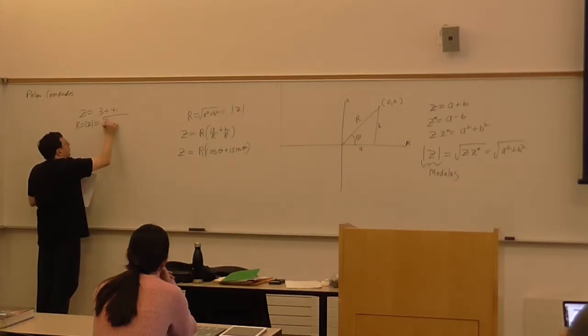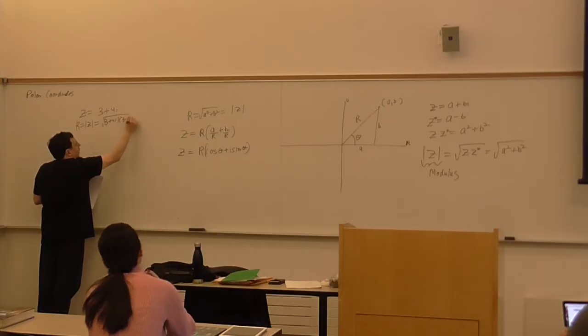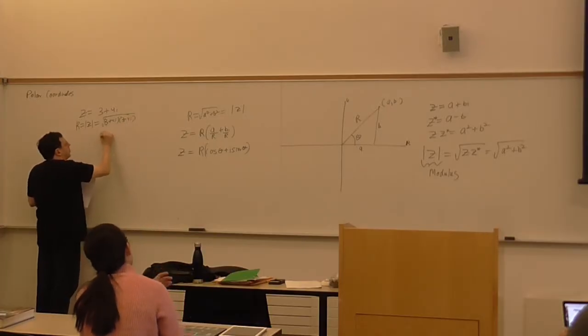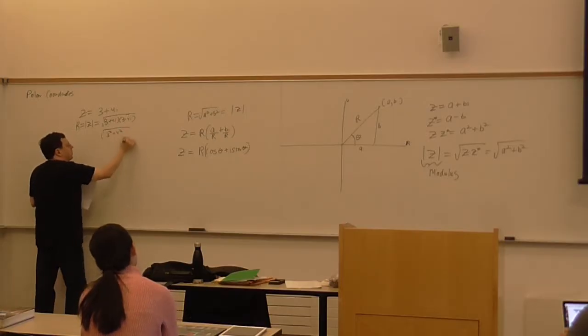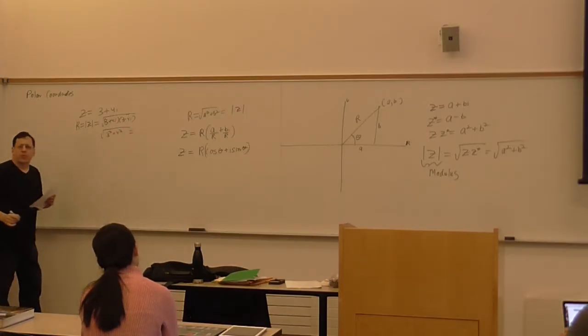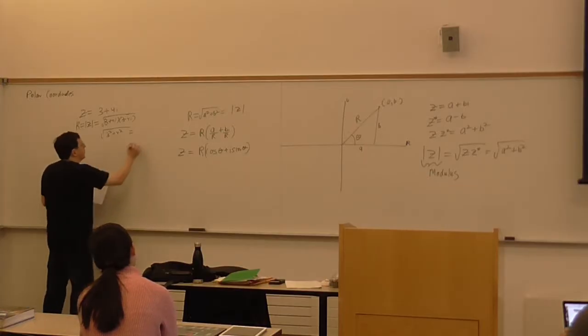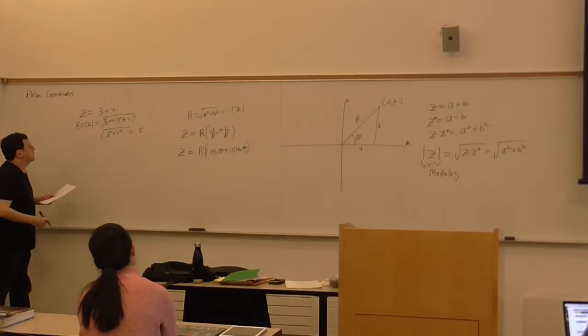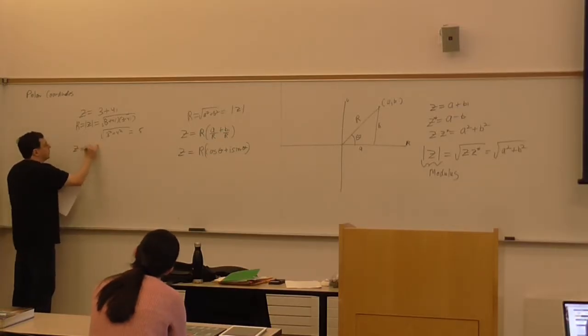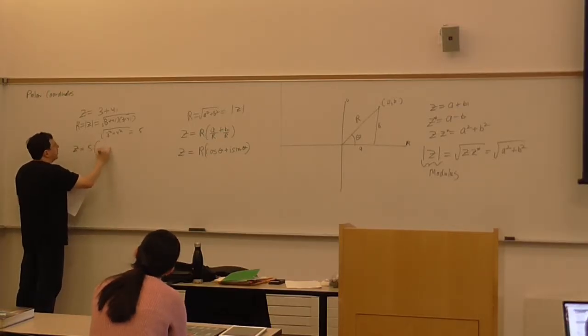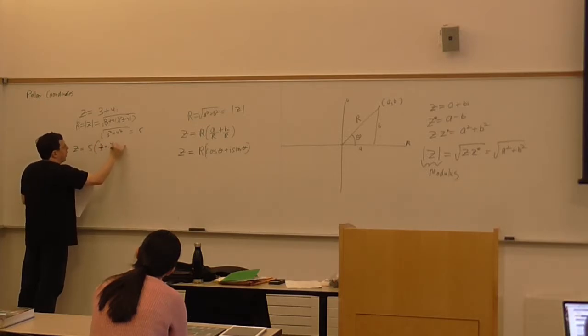It's the square root of 3 plus 4i times 3 minus 4i, which is the square root of 3 squared plus 4 squared, which, if you remember your 3, 4, 5 right triangles, this just has to be 5. Okay, let's rewrite z as r, 5 times 3/5 plus 4/5 i.